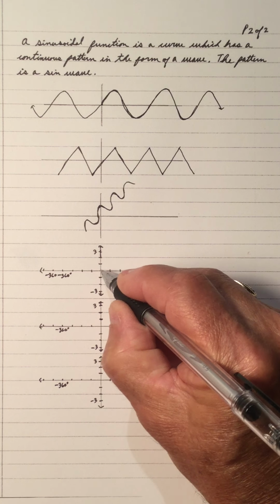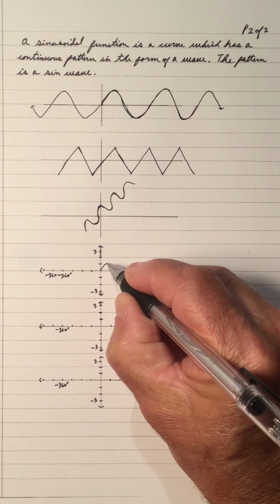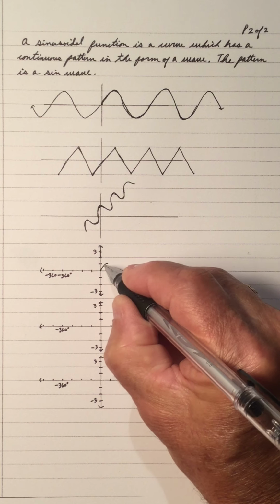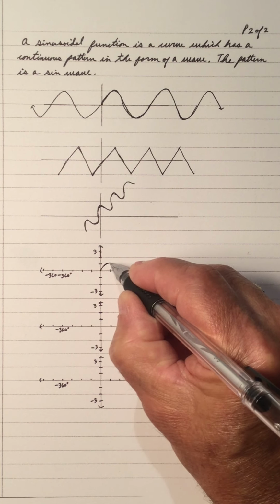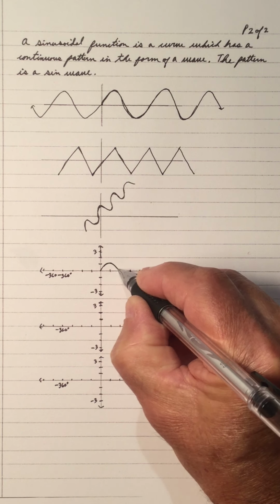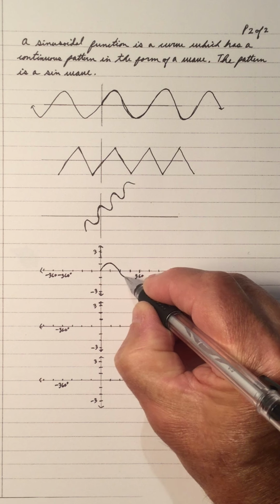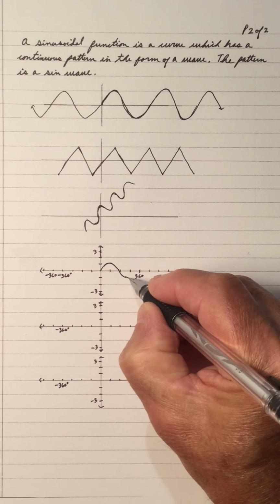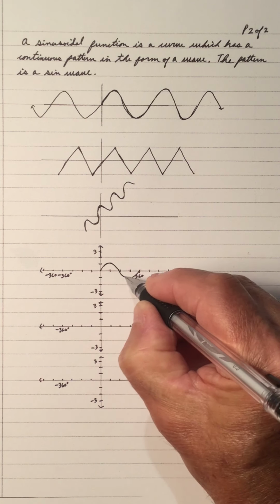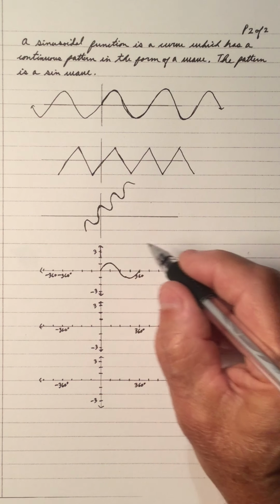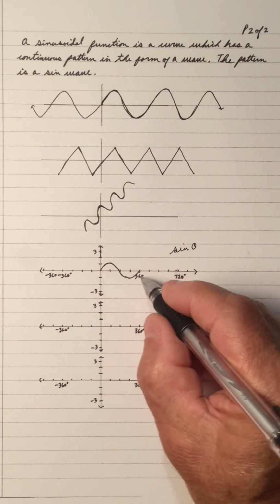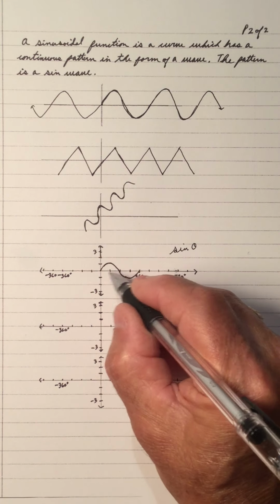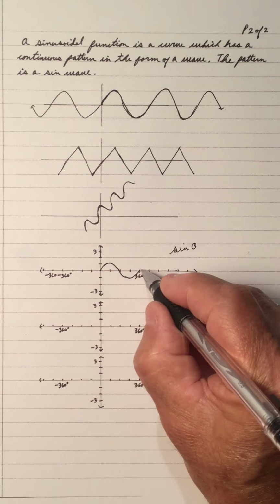So to illustrate sine theta, we start at 0, and the sine graph would start here, go up to 1, and then back down, up to 1, down to 0, down to 1, and then up again. So there's the normal sine graph, what we call sine theta. This has a height of 1, a period of 360, and this continues.